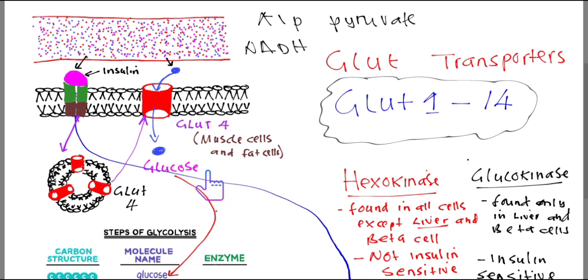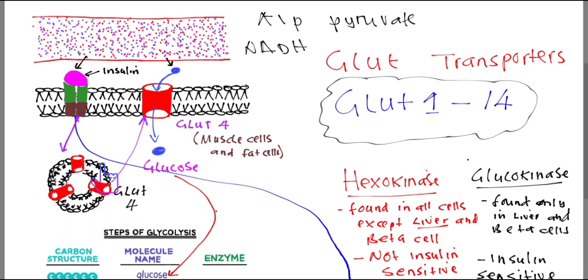That's a good question. In the muscle cells and fat cells, we have what we call GLUT4 transporters. These GLUT4 transporters normally reside inside the cell, in vesicles in the cytoplasm. You can see a vesicle containing the GLUT4 transporters. These are simply channel proteins, responsible for uptake of glucose into the cell.